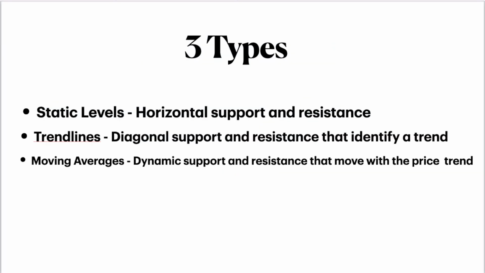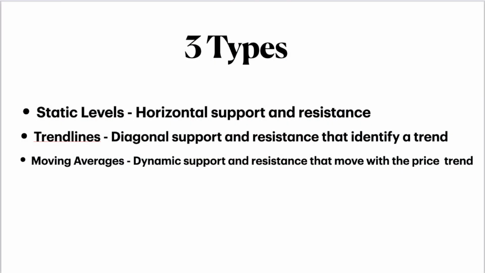I'm going to talk about three types of support and resistance, of how you can see what the market is doing and where major opportunities in the market are that I can get involved in, okay?